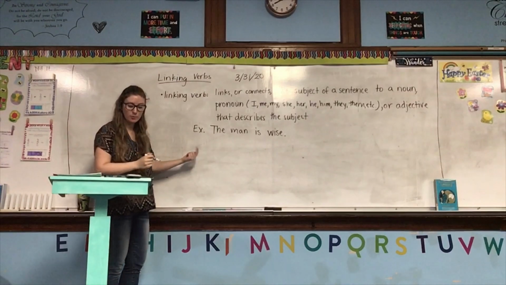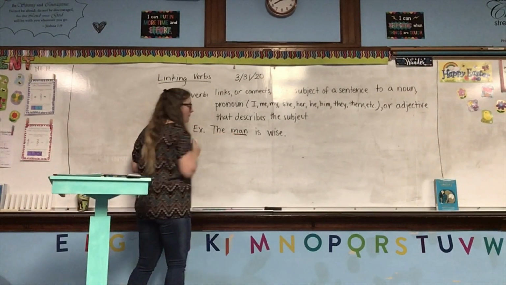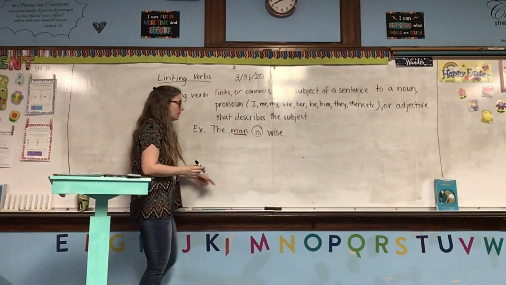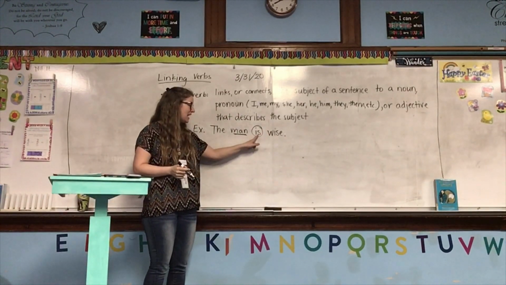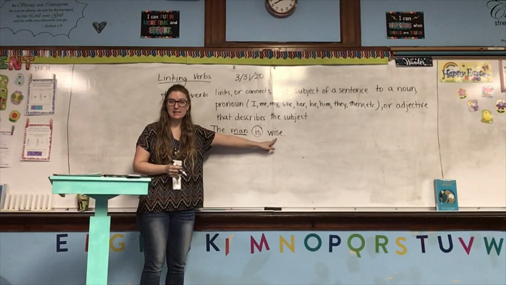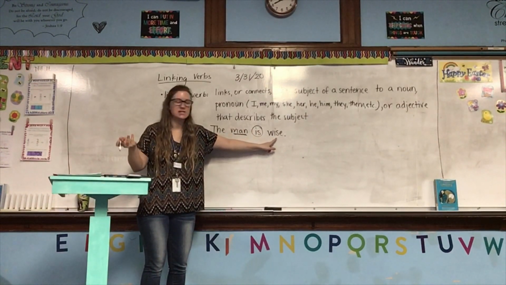Okay? So we have the subject, man, and then we have the verb is, and this is linking man to this adjective wise. That means he's smart. He knows what he's doing.